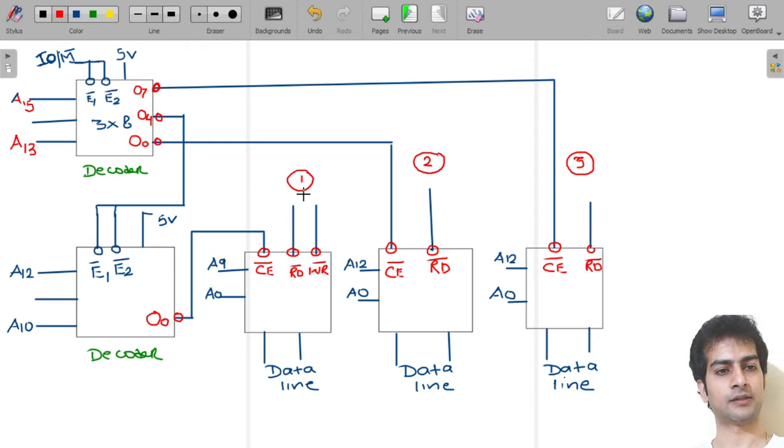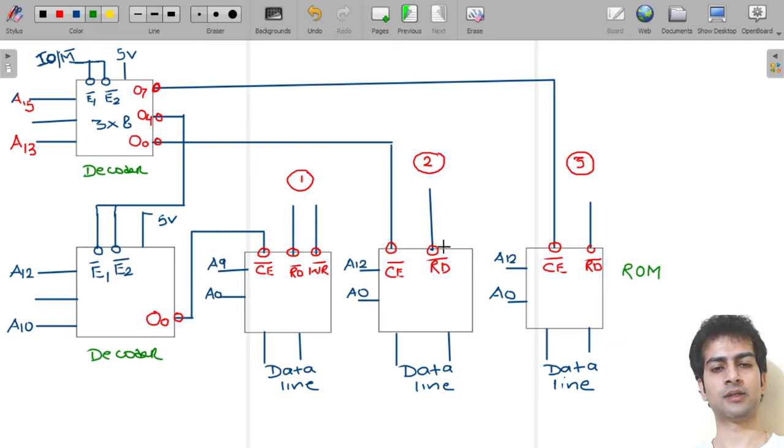See what all are given. Let's suppose we started from here. We have to find out whether it is a RAM or ROM. See, RD bar is given, that is, this one is ROM, read only memory.